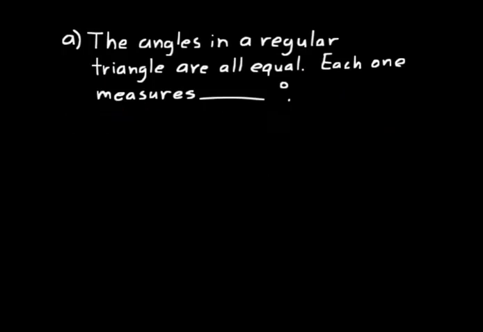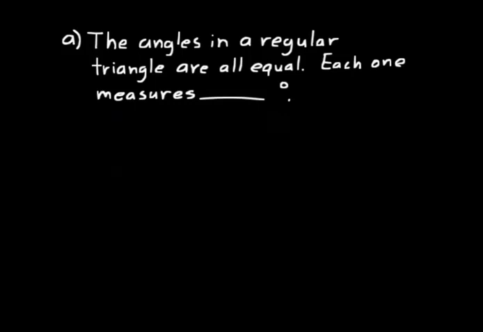Let's go ahead and do some practice problems. Look at practice problem A. The angles in a regular triangle are all equal. Each one measures blank degrees. And maybe remember in lesson 18 we talked about regular polygons. They have all the sides and all the angles equal. And there's also descriptions of regular polygons on the very last page in your book.